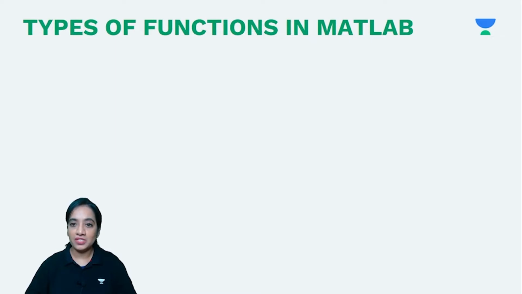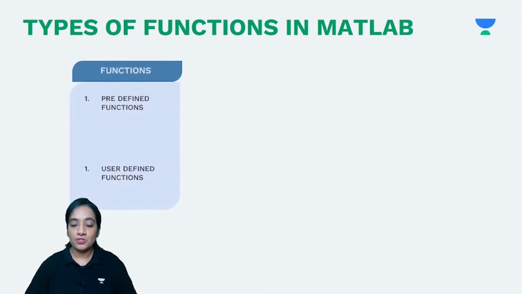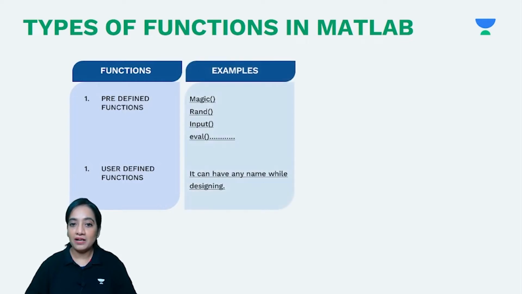Types of functions in Matlab. There are two types of functions in Matlab. One is predefined and one is user-defined. We have, for example, magic, rand, input, evaluate, display, and many more predefined functions, which we are just using. But in user-defined functions, we can give any name to it.